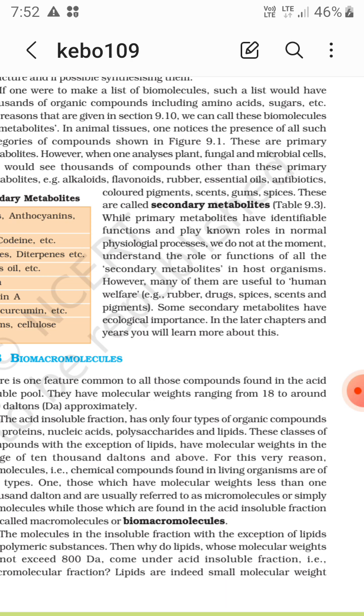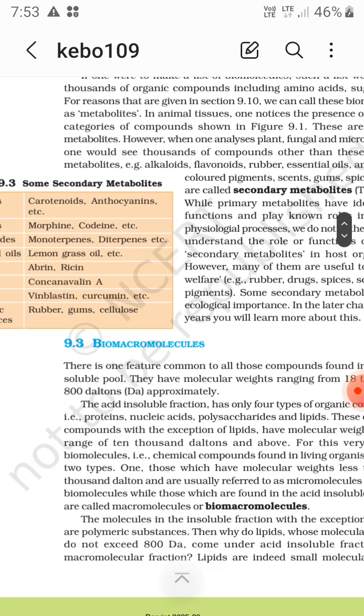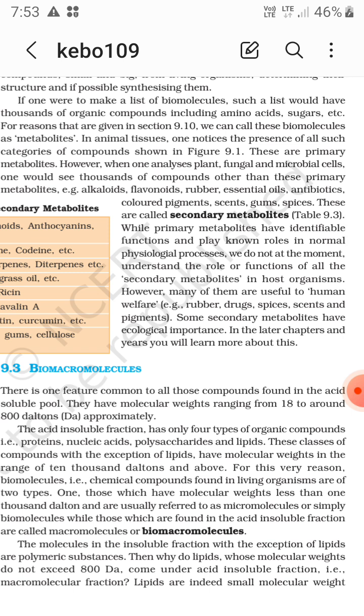However, many of them are useful to human welfare, that is rubber, drugs, spices, scents and pigments. Some secondary metabolites have ecological importance. In later chapters, you will learn that. So these are the secondary metabolites that do not have identifiable functions like the primary metabolites do.